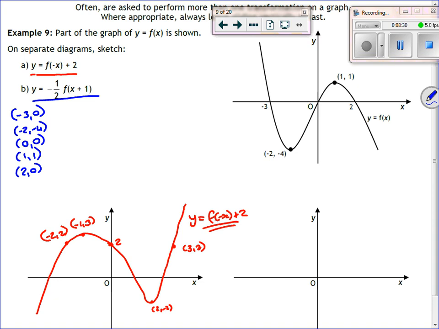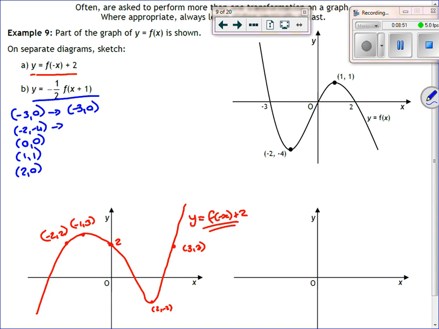Okay, so it's always good to start with your flip first of all. So minus 3, 0 is going to flip vertically because the negative is outside the bracket, it affects the y. So minus 3, 0 stays as minus 3, 0.